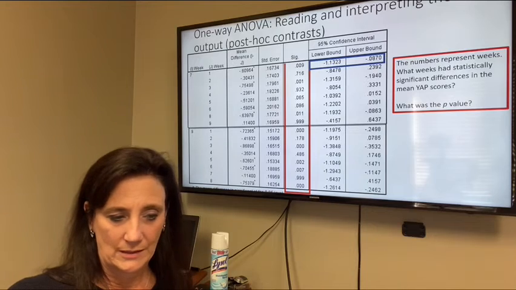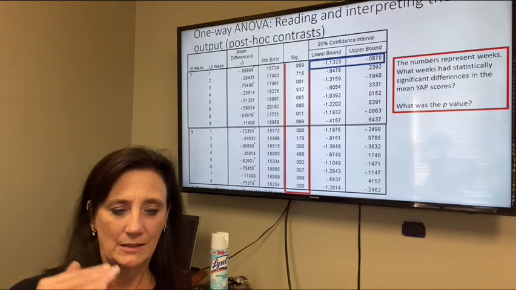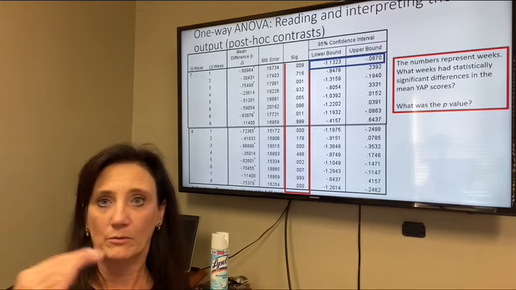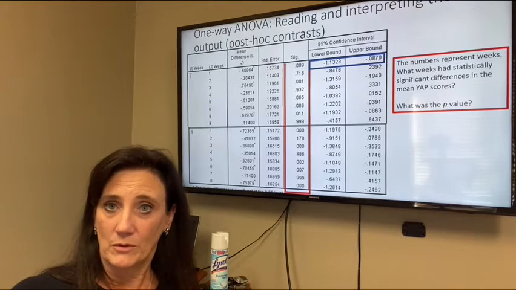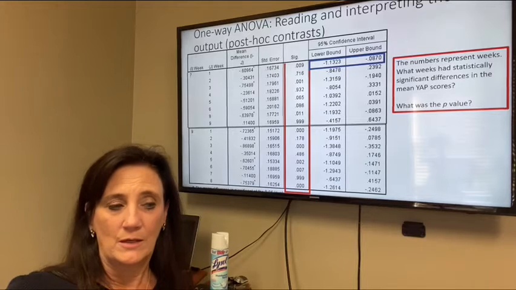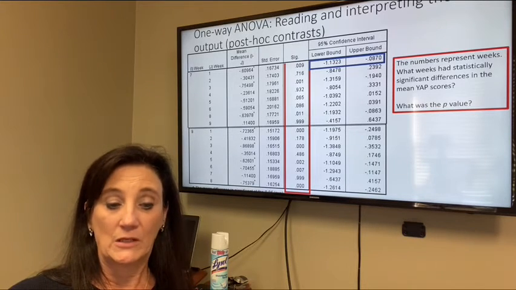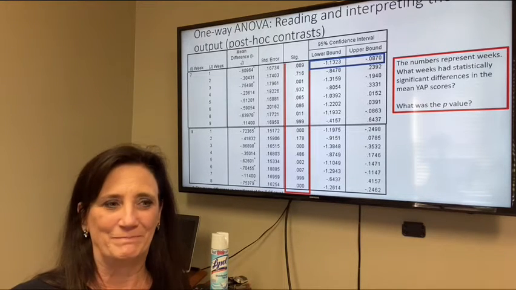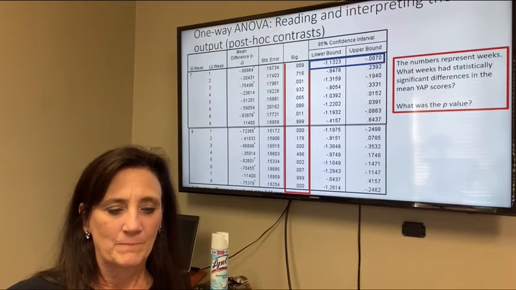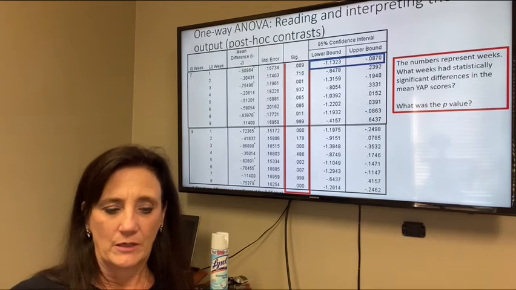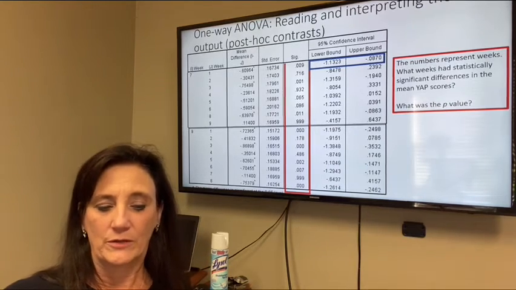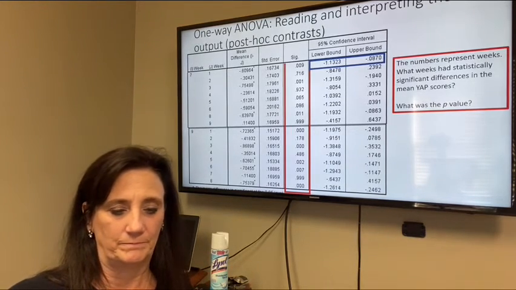So for week 7 versus week 1, you can see that the lower bound and upper bound are both negative numbers. And remember that when they're both on the same side, that gives you more confidence about that significance. And then just glance down through there and you'll see that the others share the same thing.